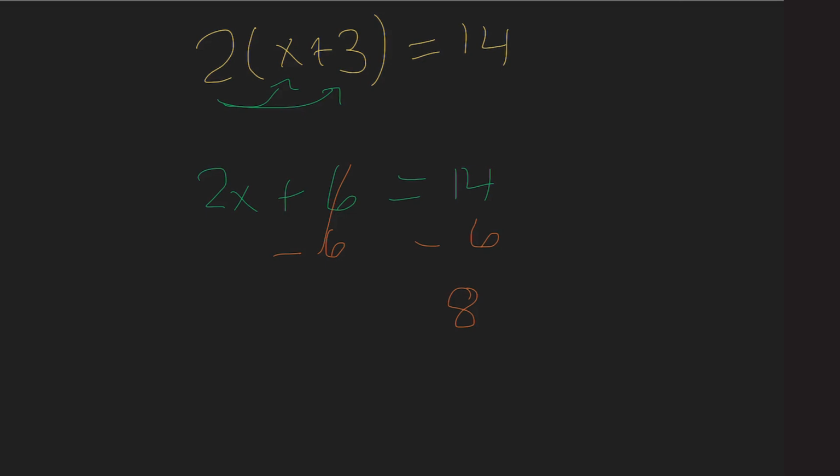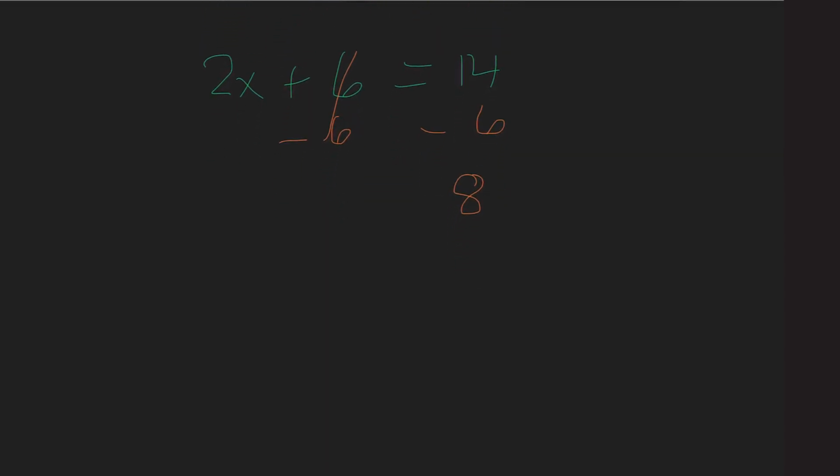Then we divide by 2 on both sides, since this is multiplying by 2. 2x divided by 2 is 1x, which is just x by itself. 8 divided by 2 equals 4. So x equals 4.